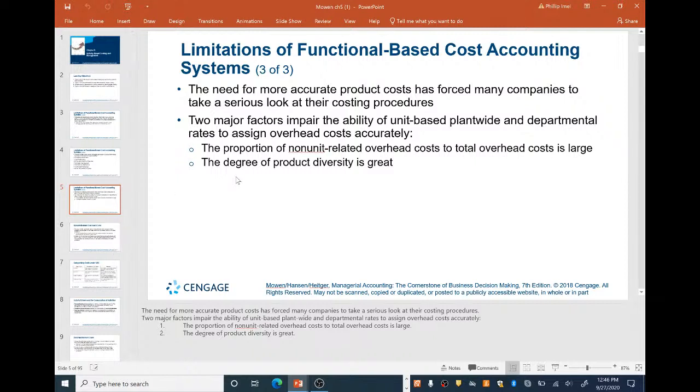Once again, these are the two major factors that impair the ability of unit-based plant-wide or departmental rates to assign overhead cost accurately.